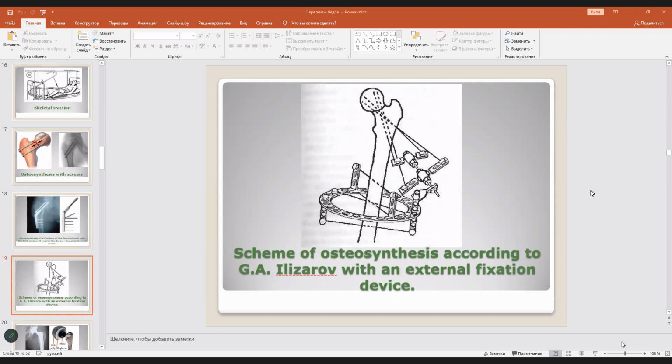Osteosynthesis according to Ilizarov with the external fixation device.